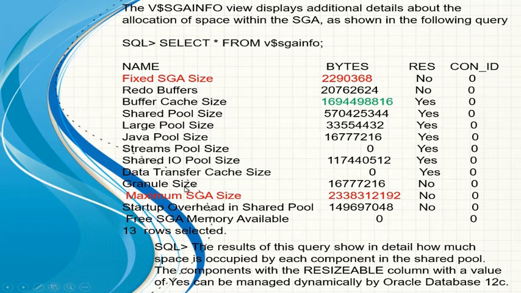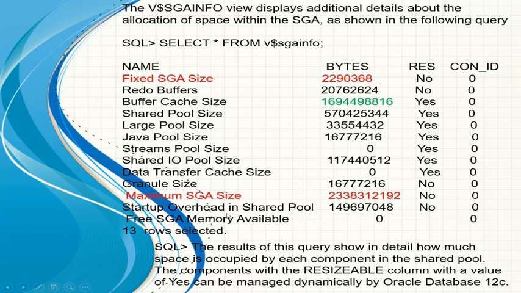Granule size, what do we mean by granule size? This is the smallest unit of the SGA. The value is 16,777,216.